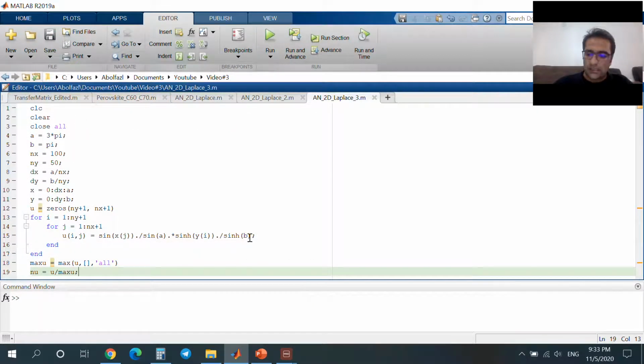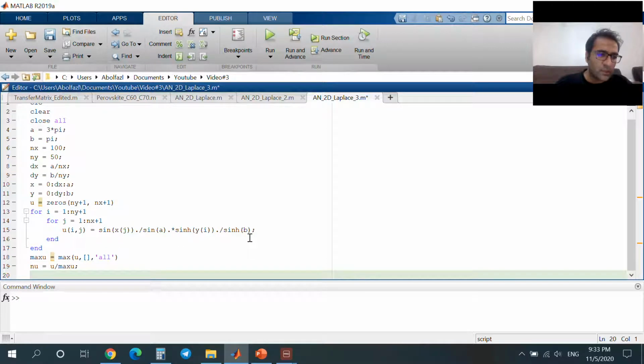Okay, and let's plot it using the contour command. Contour of normalize u, number of contours 200, and line color for contours. I don't want any color, so it should be none.